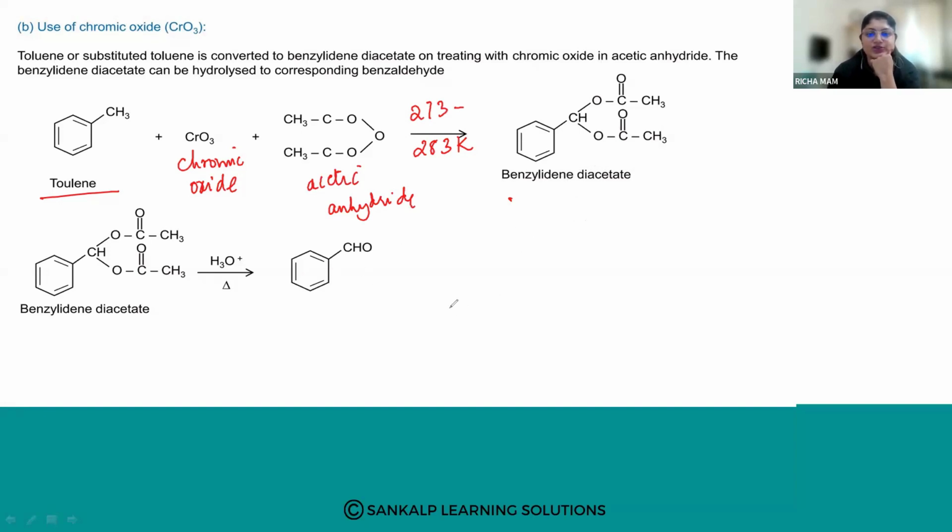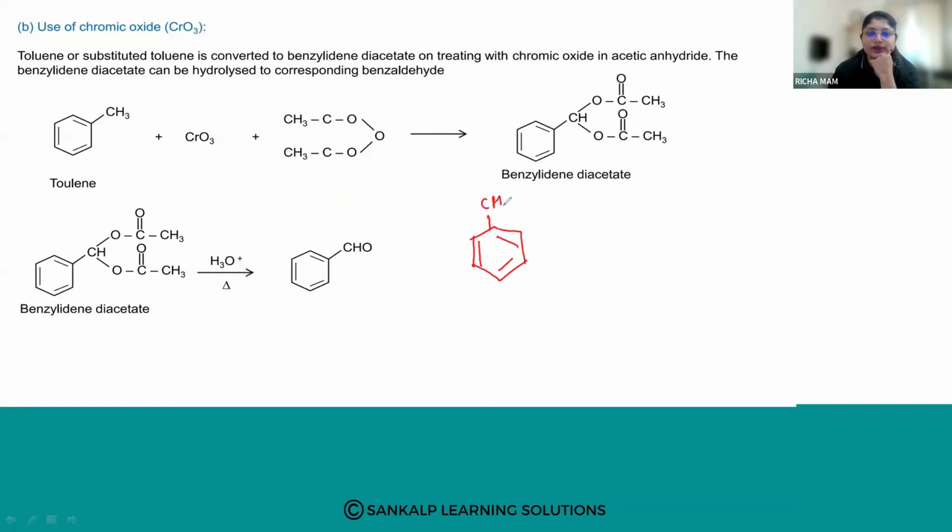I'll show you how this reaction will proceed. This is my toluene, in the presence of CrO3 plus CH3C=O, that is my acetic anhydride. These are the two molecules.